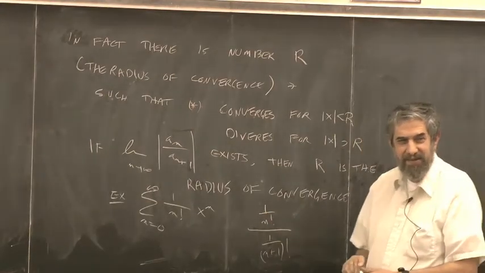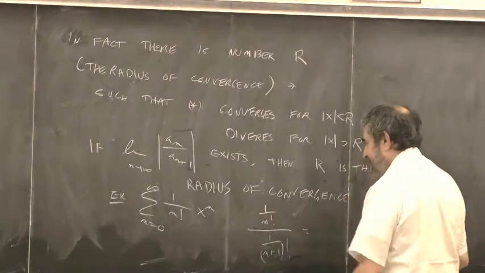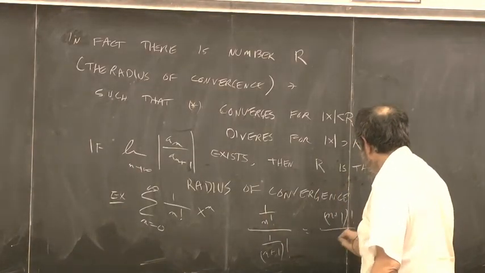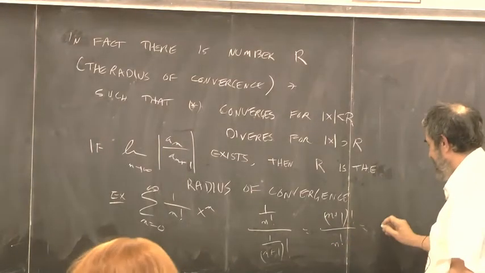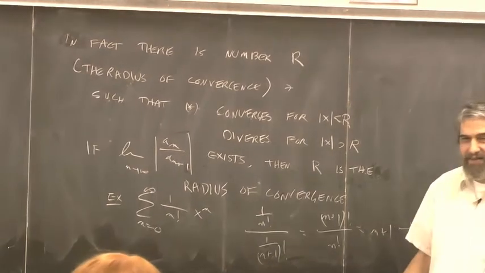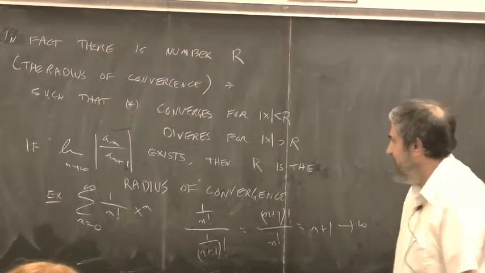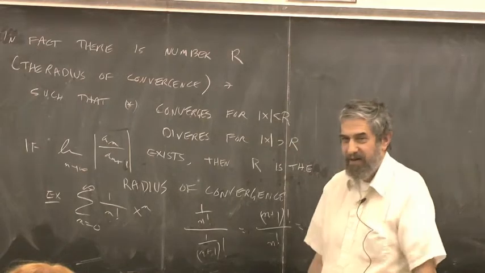It's the reciprocal, isn't it? No, it's right. This goes in the numerator. Okay, it's n plus 1. And that goes to infinity as n gets large. So, in fact, the radius of convergence of this series is infinity. In other words, this series converges for all x.